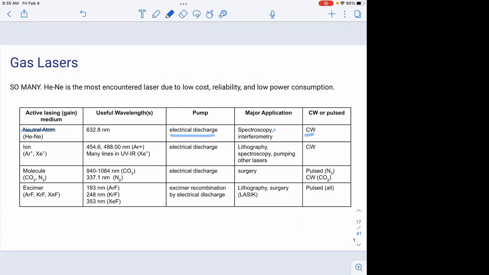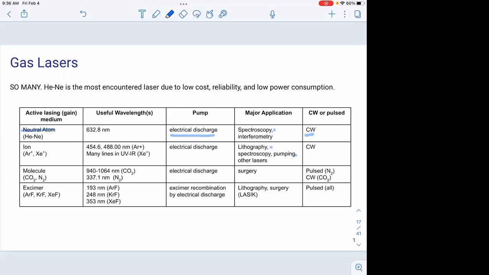There are lots of other examples. The usefulness of each is specific. You might use an ion laser to pump another laser, or in a lithography application.